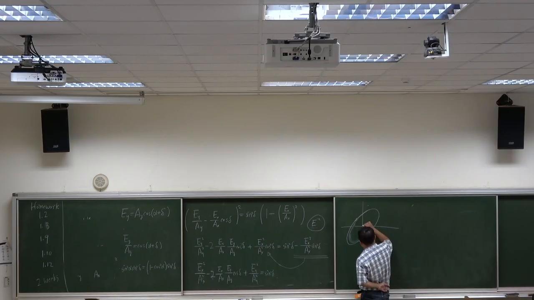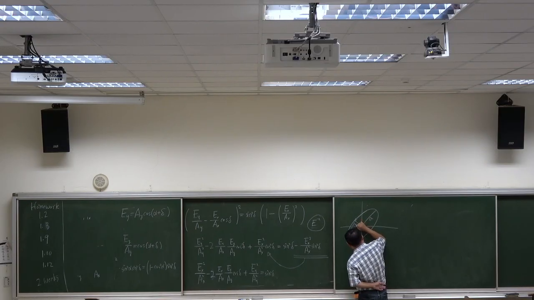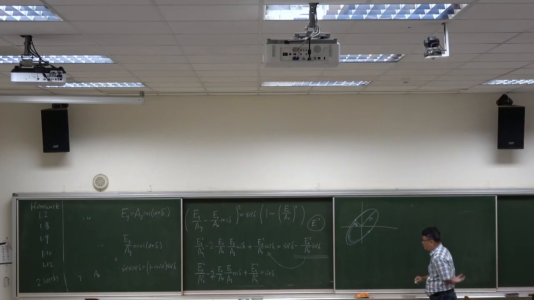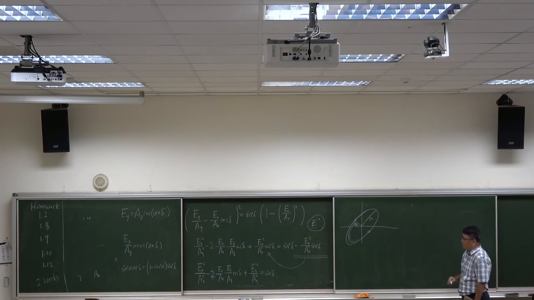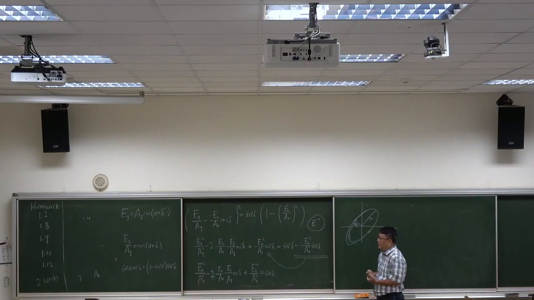First, we want to know A and B. Here, A is the semi-major axis, and B is the semi-minor axis.